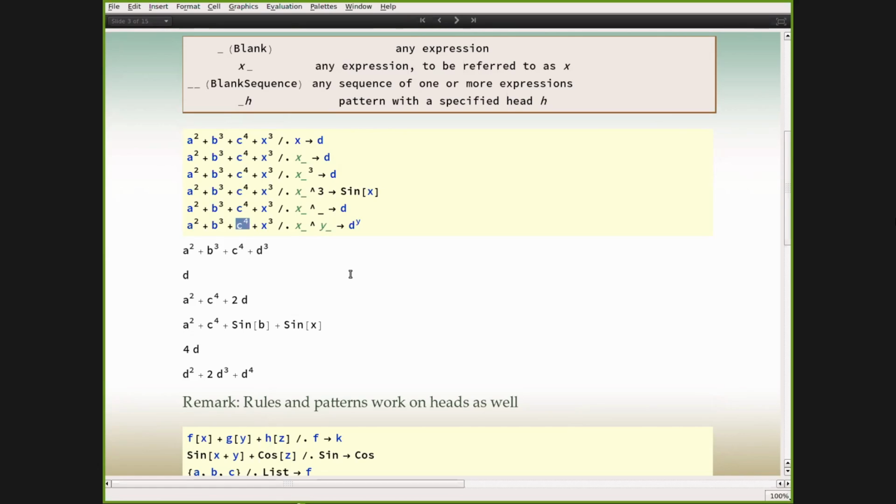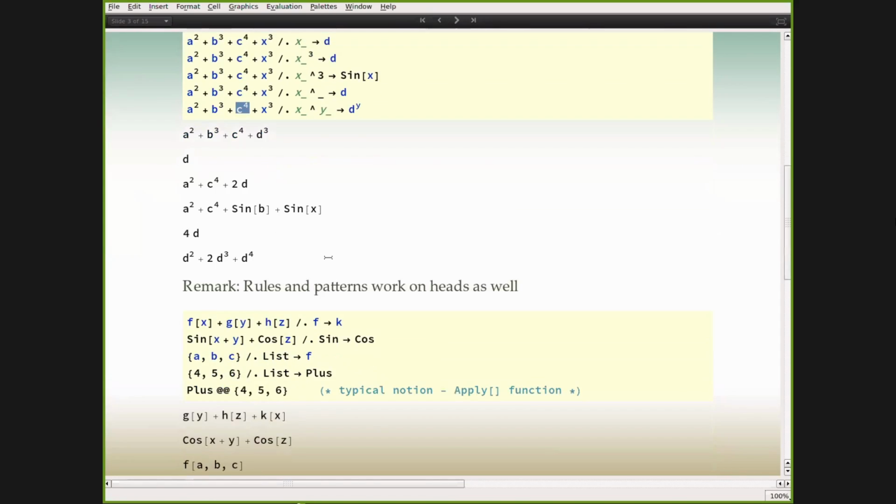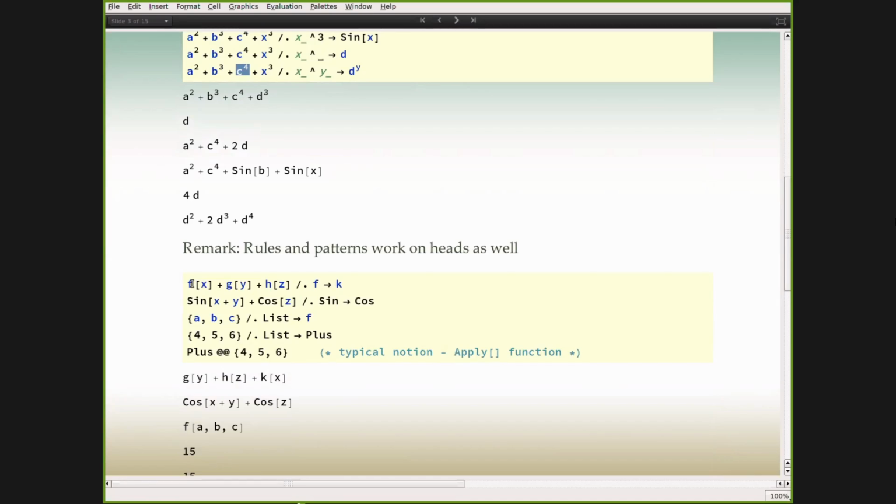And you have to remember that these rules and patterns work also on heads of the elements. So if I have such a situation that I have some functions where f, g, and h are heads of the expression, if you recall the internal representation of Mathematica, so I can say that in this formula I would like to change f to k, or here I have to change sine to cosine, or here I would like to change list to f, then everything will be applied.